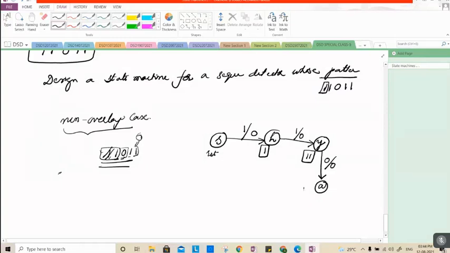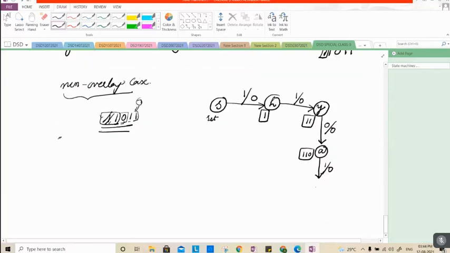Now A is a state which says that I have detected 110. Now after that, if 1 occurs, it will be entering into another state, M. M says that 1101 has been detected.